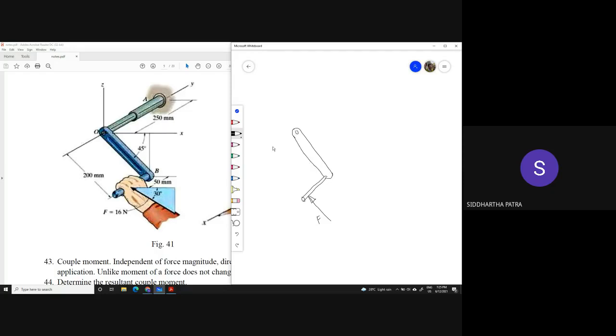Okay, and I'm interested in finding out the position vector of this point, and let's call this point C. So this point is B. Now this B point right here, we can try to get... okay, so this is x-axis, and this is the y-axis, and this is the z-axis.